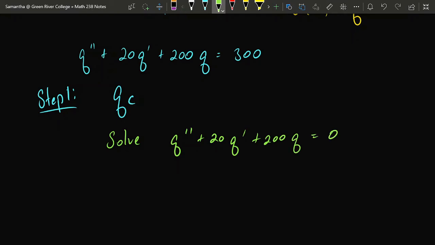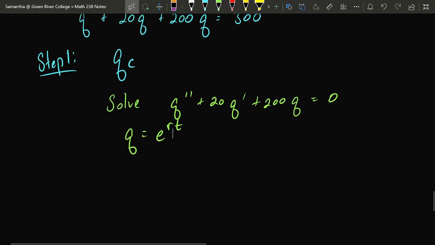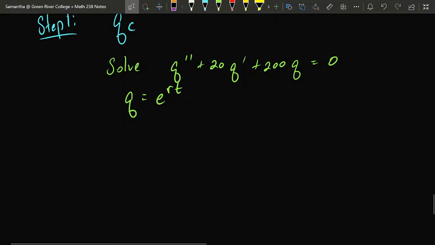And since we have constant coefficients, we're going to guess that the solution has an exponential format. I guess this should really be time, so I'll do e to the rt. So we get the auxiliary equation, r squared plus 20r plus 200 is equal to 0.